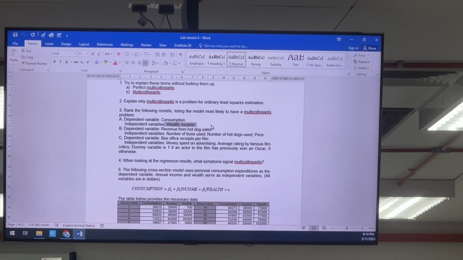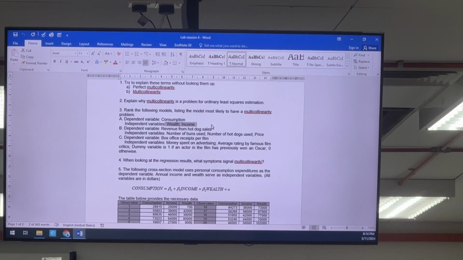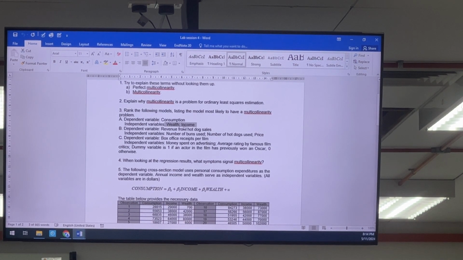Normally those who have better income have better wealth, but not necessarily. So there is possibility of having multicollinearity for model A. To check for the possibility, we just need to look at the independent variables, because the problem happens when there is linear dependence between independent variables.